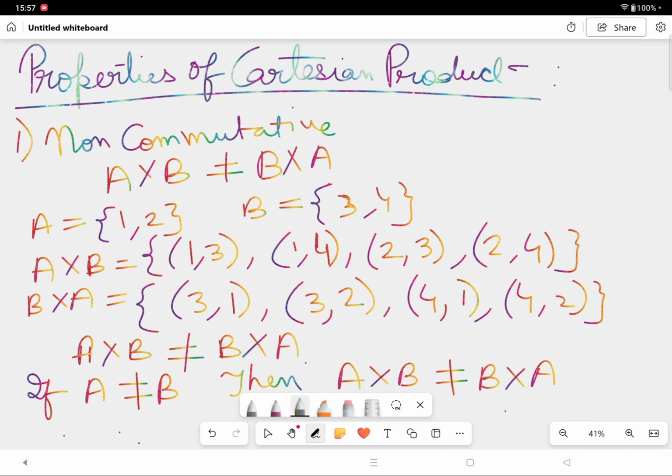But as A and B individually hold different elements, the combinations will also not be equal, and hence we can say that they are non-commutative.